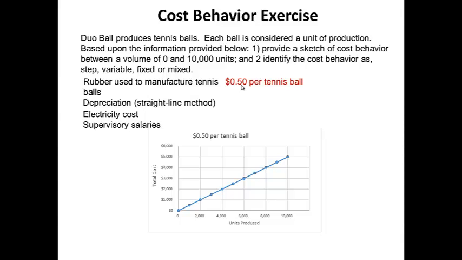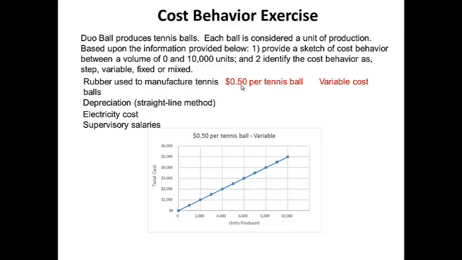So we can depict the cost curve right here as we see it. Now, under these conditions, if we remember cost behavior, we would call this particular cost a variable cost. Okay, so that's it for this particular example.